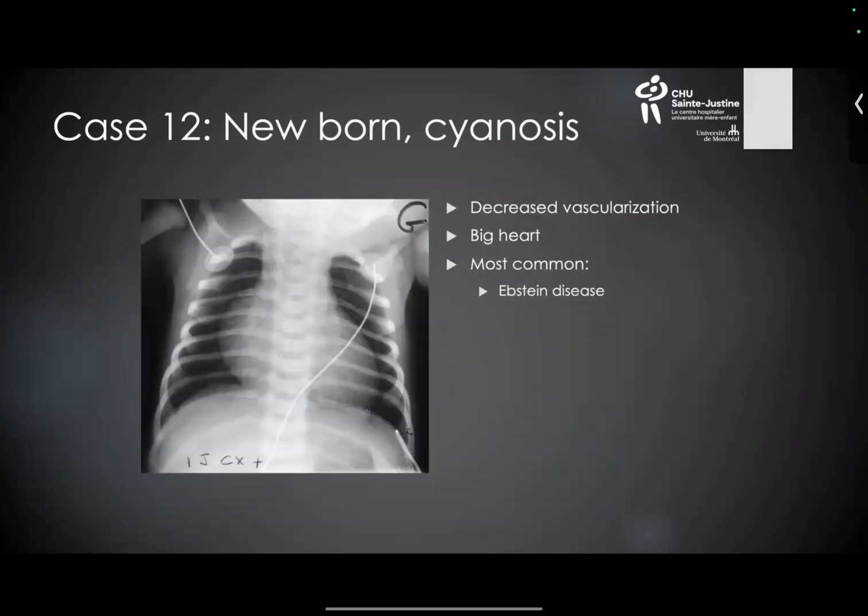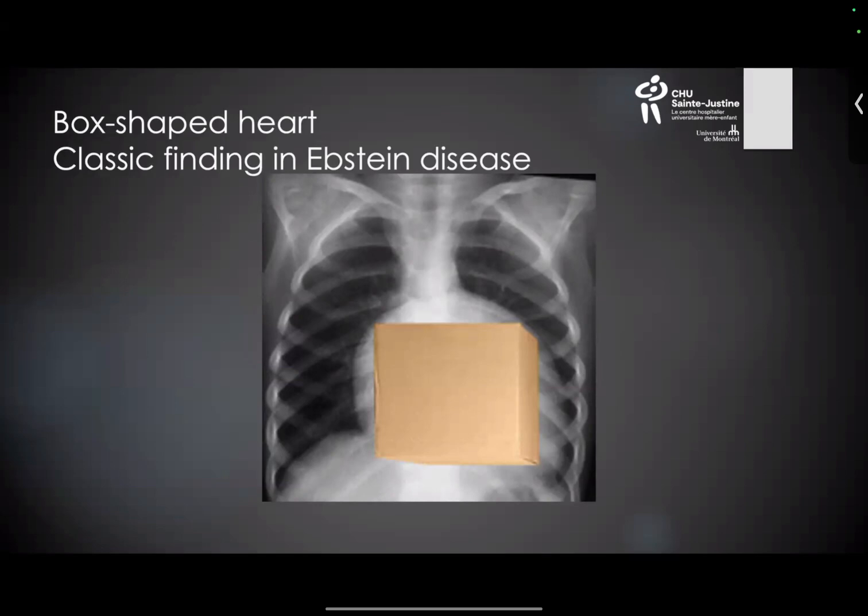The most common diagnosis in a big heart with decreased lung vascularization is Ebstein's disease. The differential diagnosis would be pulmonary atresia with an intact septum, but the most common is Ebstein's disease. The classic shape of Ebstein's disease is a box-shaped heart, which looks like a big thing with not much vascularization.